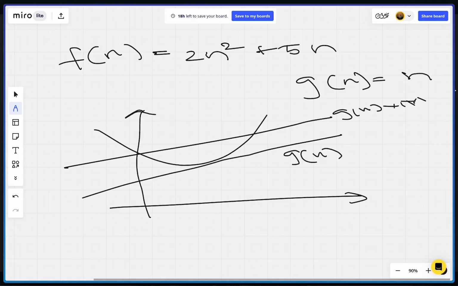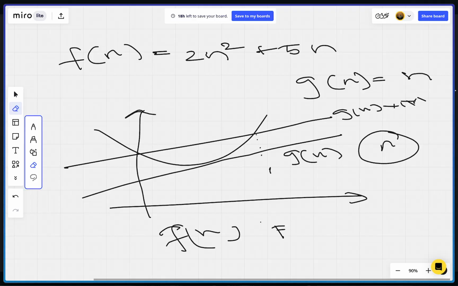Still, after a particular n naught value, as both functions go to infinity, after a particular point, fn will be greater than gn. So no matter what value you multiply it by, you can't say fn is O of n for this particular example.